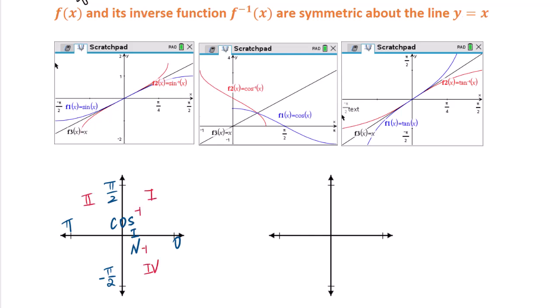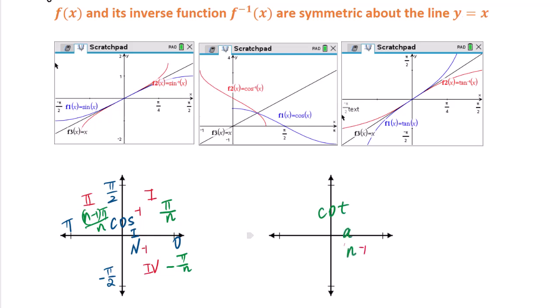The pattern for special angles: in the first quadrant, pi over n; in the fourth quadrant, negative pi over n; in the second quadrant, (n minus 1) pi over n. For tangent, let's remember it this way.